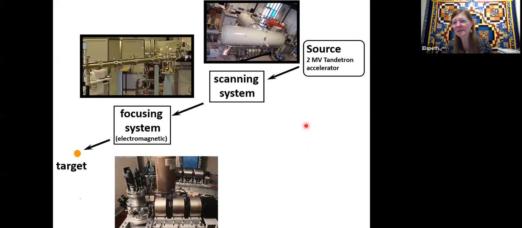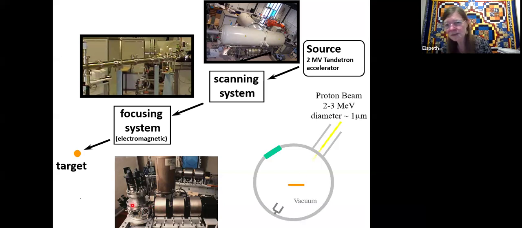We use a 2 MV Tandetron accelerator at the Ion Beam Centre at Surrey University in Guildford. We have a scanning system. Here's the source producing the protons, coming down the beamline, a focusing system here with 3 quadrupole magnets, and then an evacuated target chamber here with the sample in.